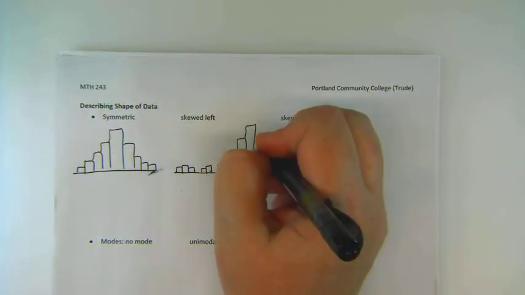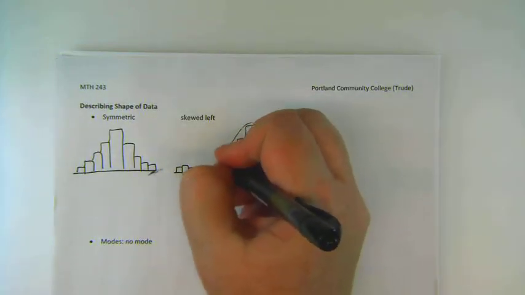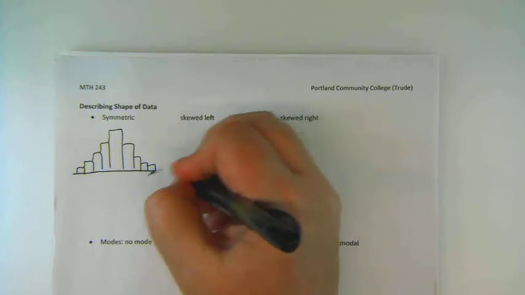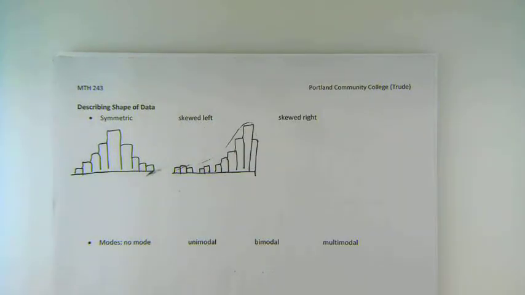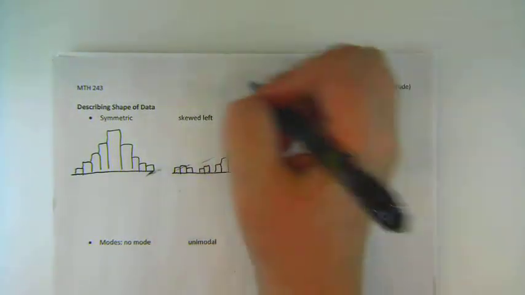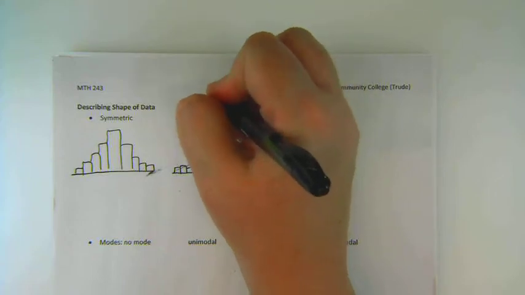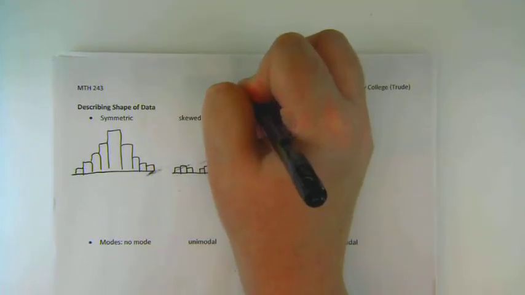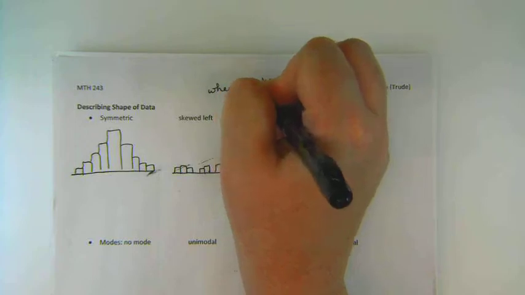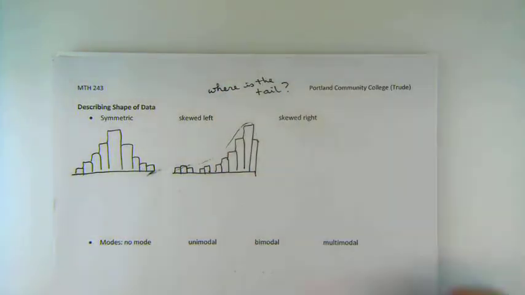It's kind of like if I follow this data, it's like almost everything's there, but then there's some stuff out here in this left tail. So it's called skewed left, and what you want to think of for the skew is where is the tail. Find the tail, and that'll tell you what type of skew it is.